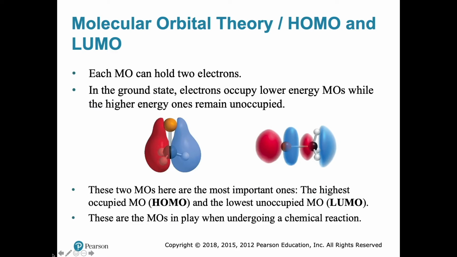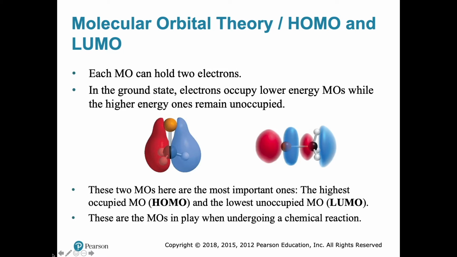There's a couple of different things to notice here. There are two terms: HOMO and LUMO. HOMO stands for the highest occupied molecular orbital, which is the one in the center that's the highest occupied one. The other is LUMO, which stands for the lowest unoccupied molecular orbital.